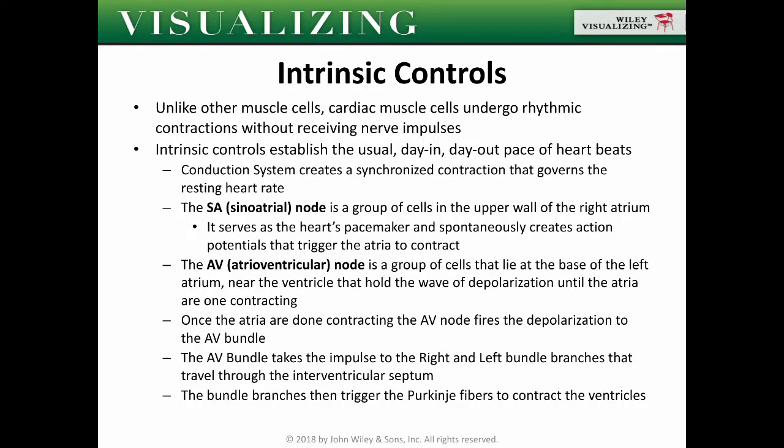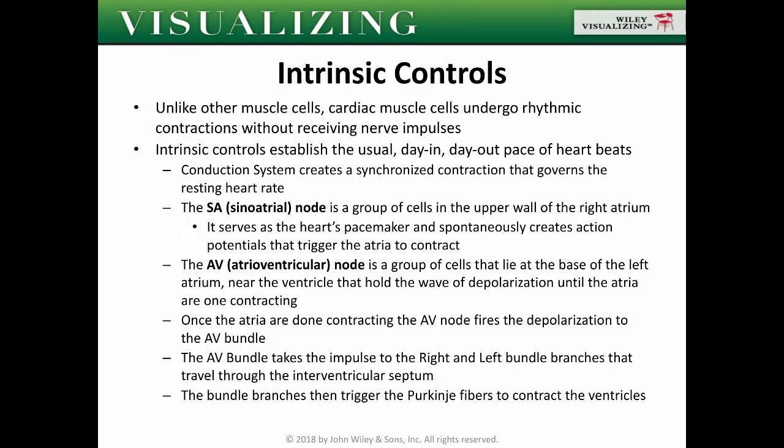It beats without a directive from the nervous system. Intrinsic controls establish the usual day in, day out pace of heartbeats. So we have a conduction system in the heart, because again, these are muscles. Muscle tissues require electrical impulses to actually contract. And what causes those electrical impulses?